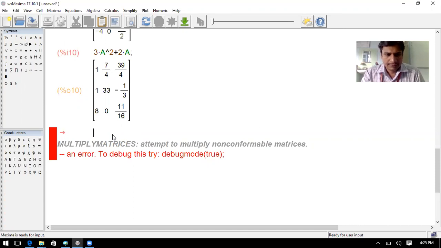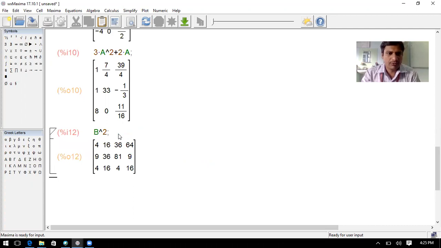This is B square. B square means 2 square is 4, 4 square is 16, 6 square is 36. That is the B square. B square is over.